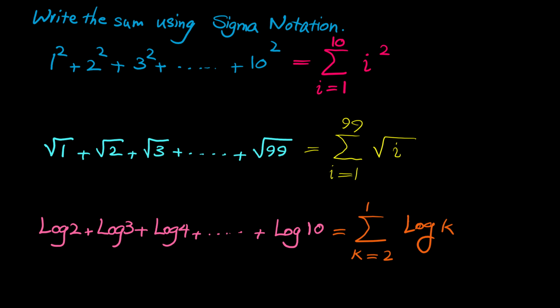Let me explain something to you here. It's very important. Please pay attention that there is no unique way to represent or write a sum in sigma notation. This is your answer. Maybe the answer of another person is, for example, another person uses i or j instead of k. The other thing is that it's not necessary that you start the index of the sigma from 2.